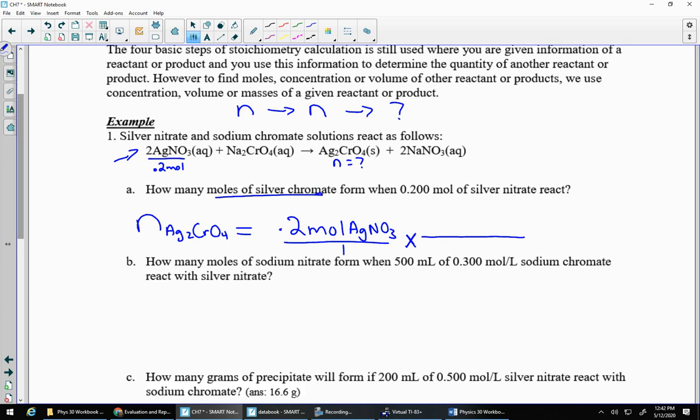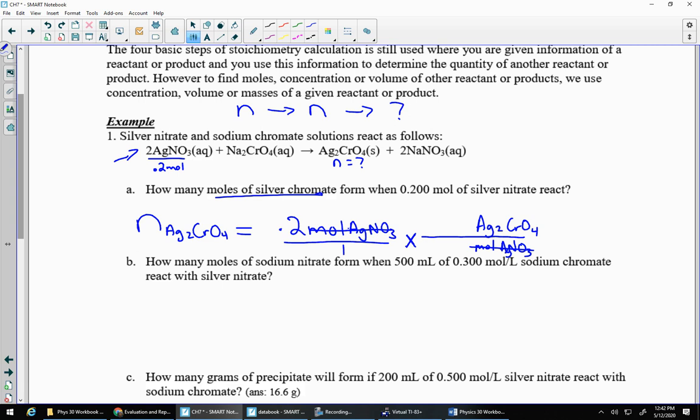Well, this is just a one-stepper here. So silver chromate, I'm going to put moles of silver nitrate on the bottom, AgNO3. Therefore, the moles of AgNO3 will cancel with the moles of AgNO3, and I end up with my silver chromate, Ag2CrO4.